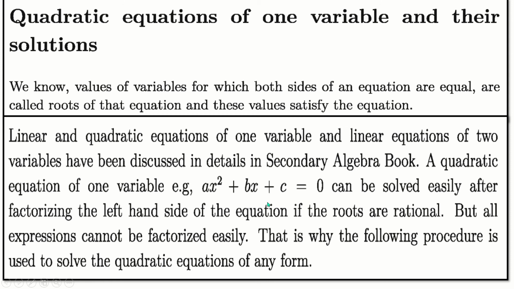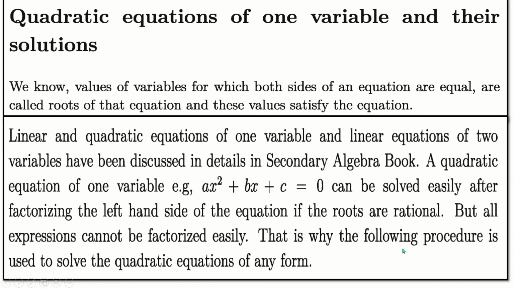A quadratic equation of one variable, that is ax square plus bx plus c is equal to 0, can be solved easily after factorizing the left hand side of the equation if the roots are rational. But all expressions cannot be factorized easily.